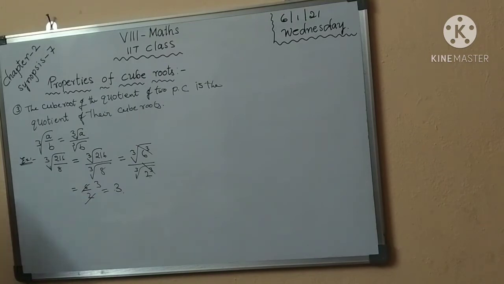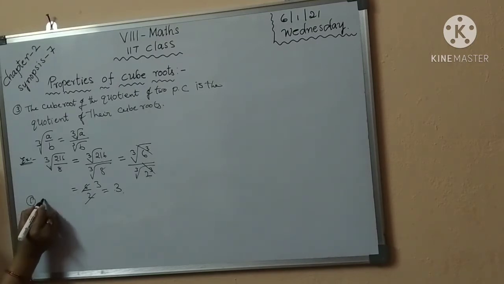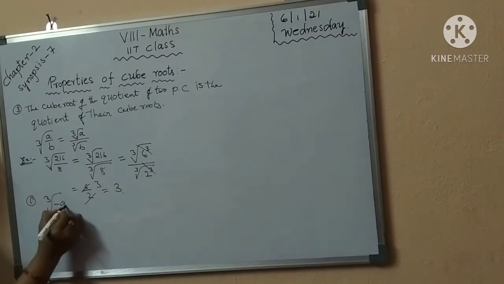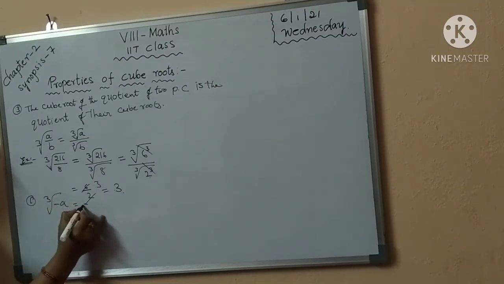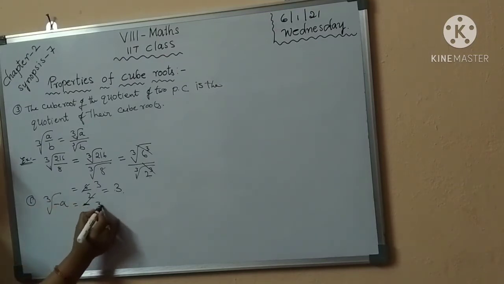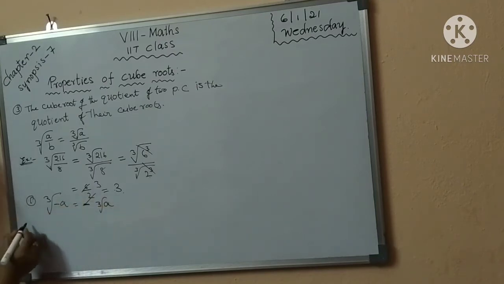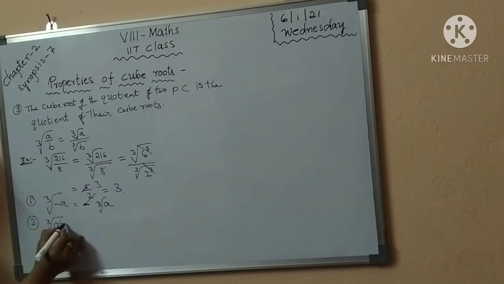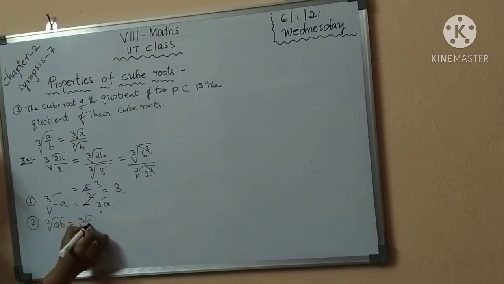Okay children, it is the third property. Once again, to explain: the first property is cube root of minus a equals minus cube root of a. The second one is cube root of ab equals cube root of a into cube root of b.